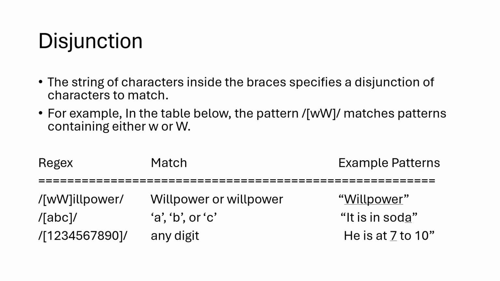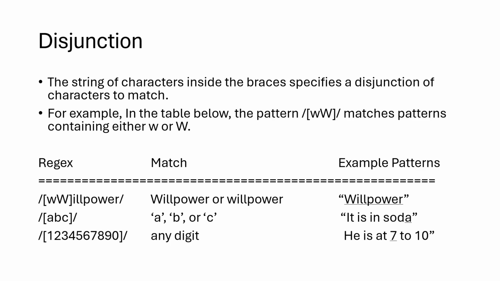We can specify a string of characters inside the square bracket. For example, here we have specified lowercase w, uppercase W. That means any word containing lowercase w or uppercase W will be matched in the search process.